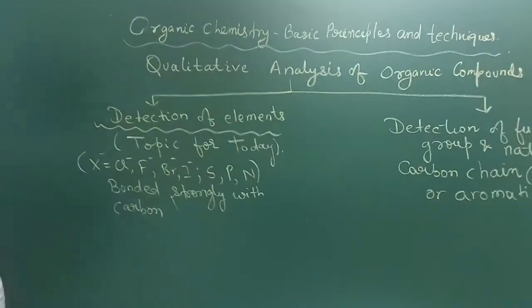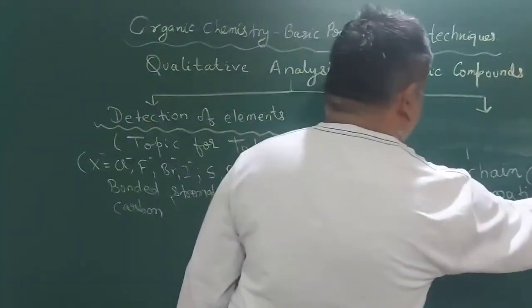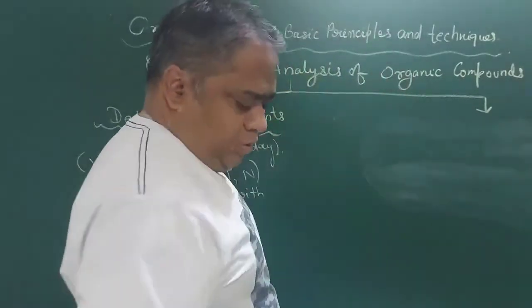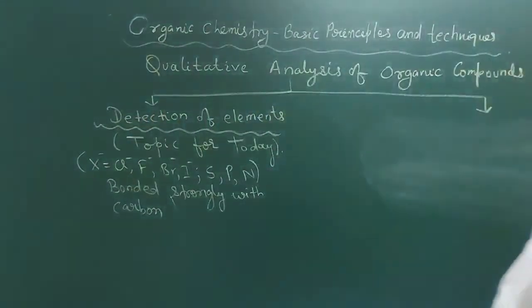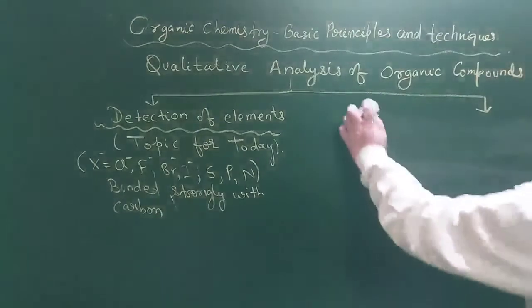Now to make them ionic in nature, we fuse them with the help of sodium. We take sodium and we fuse it. In chemistry, the word fuse means to melt.